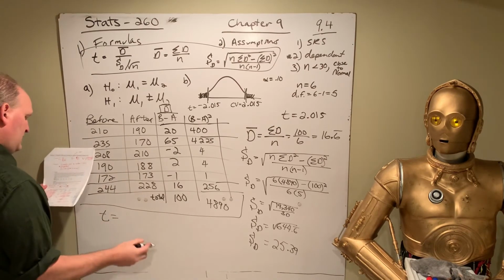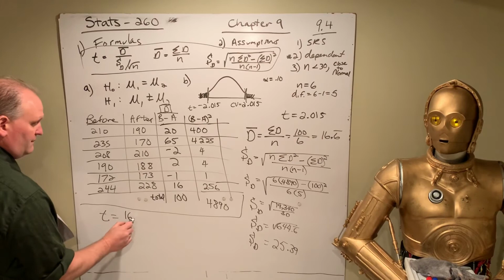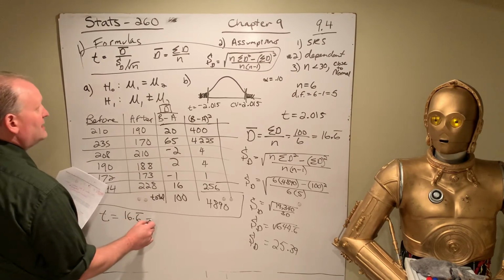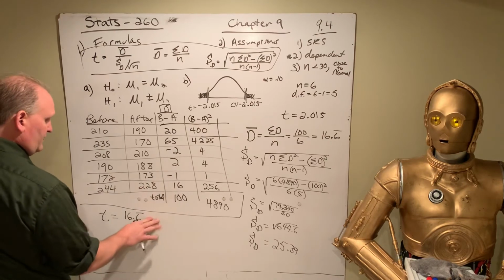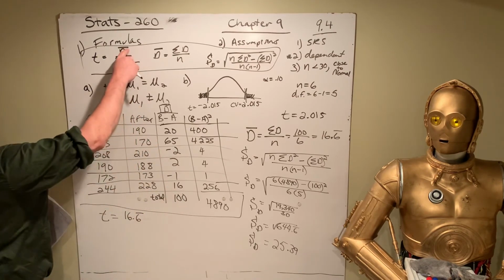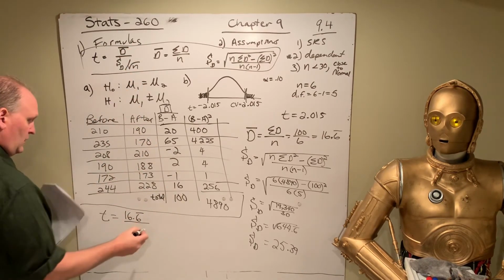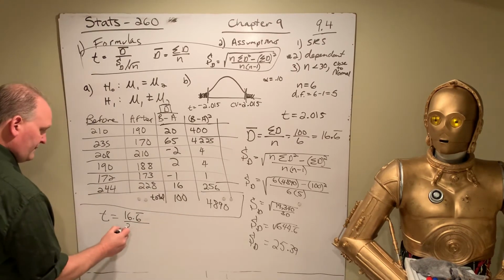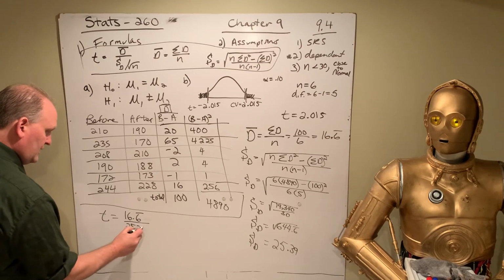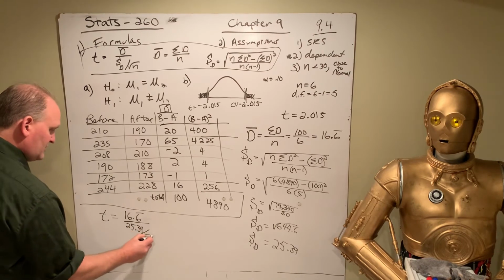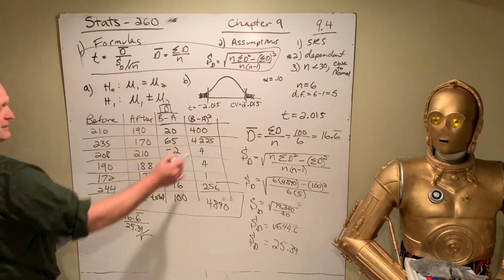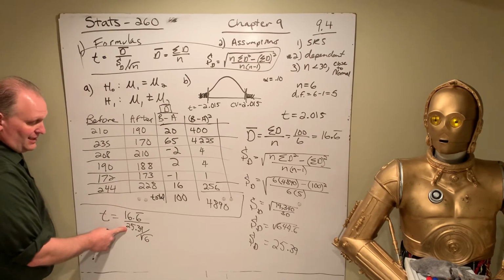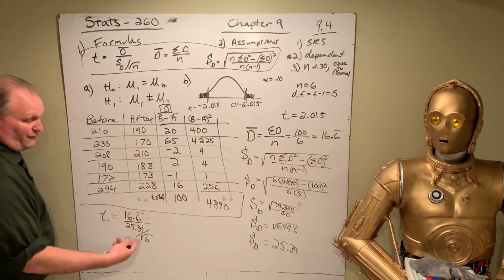So let's go over here, find our T statistic. So that will equal 16.6 repeating minus, well, nothing. So we don't have to have, that's just D bar on top, over 25.39 divided by the square root of 6. Now, actually putting these into this equation should look familiar, right?